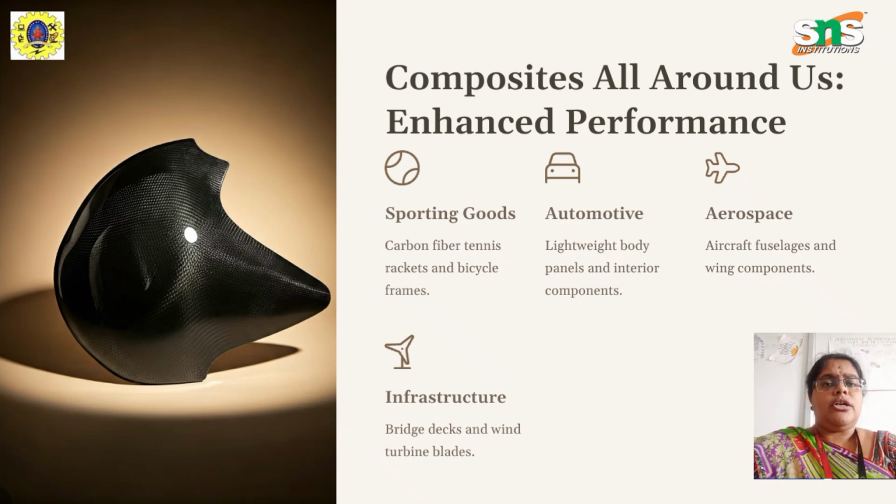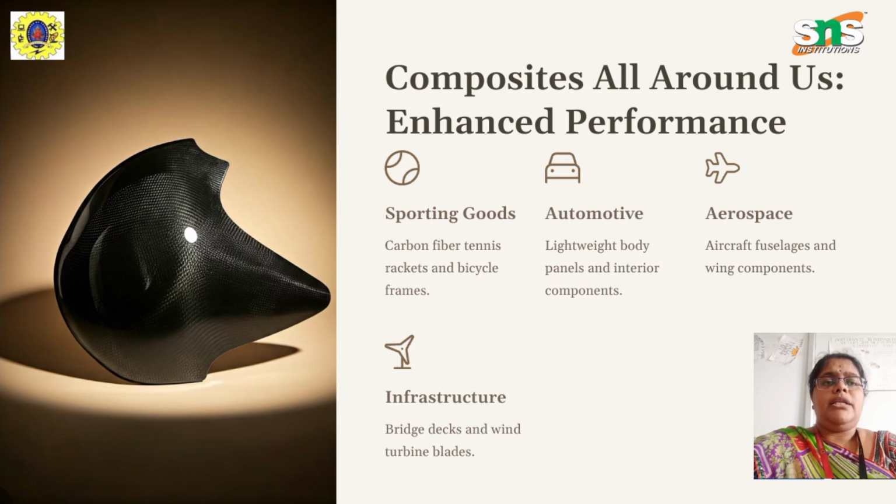Composites are all around us and give enhanced performance. They are used in sporting goods, automotive, aerospace, and infrastructure. In sporting goods, carbon fiber tennis rackets and bicycle frames are made from composite materials. In automotive, lightweight body panels and interior components are used.